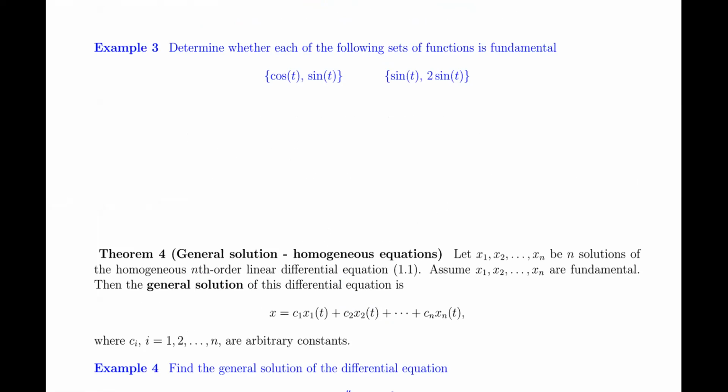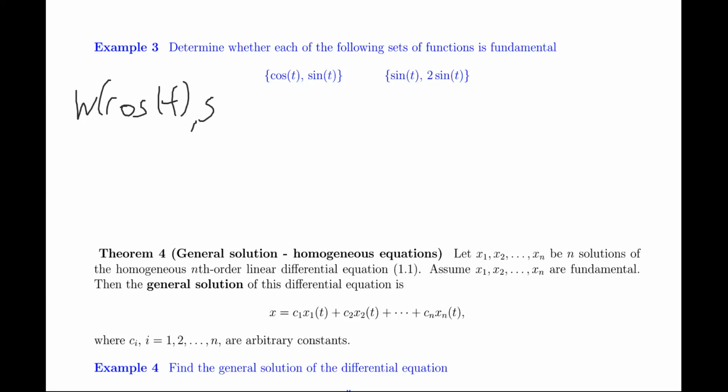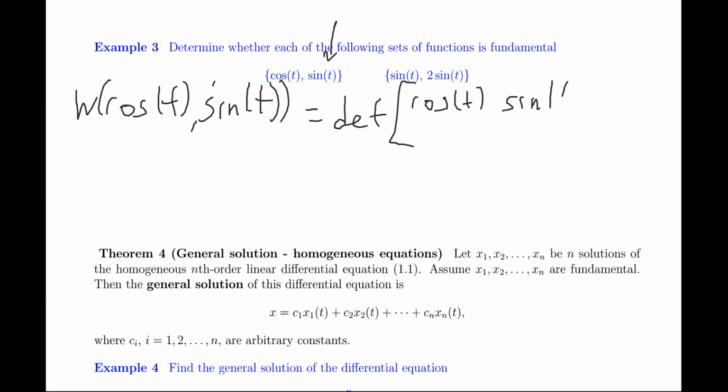The first thing here is to calculate the Wronskian of cosine of t, sine of t. That is the determinant of a matrix where we put cosine of t, then sine of t, and then in the second row we place their derivatives. The derivative of cosine of t is negative sine of t, and the derivative of sine of t is cosine of t.